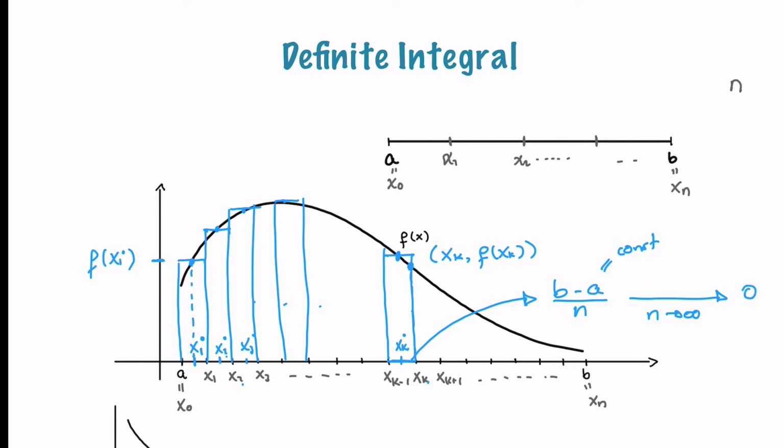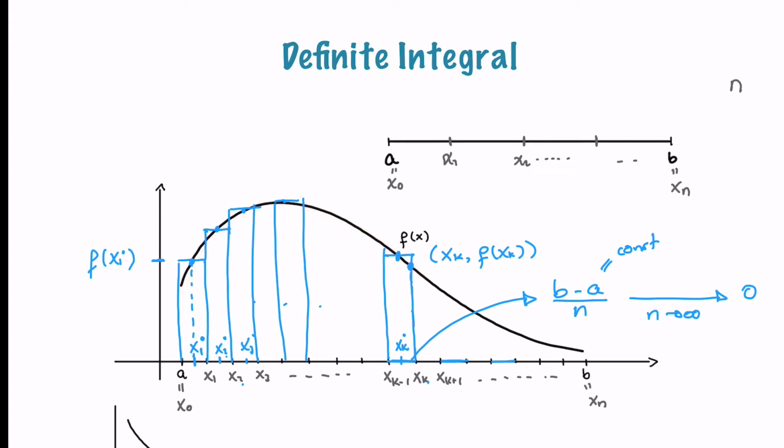So the lengths of the pieces are getting shorter and shorter, so tiny that it's almost like the rectangles do not have any width. That's the idea. When you take the limit and you do that process, that's when you get the exact area below the curve.